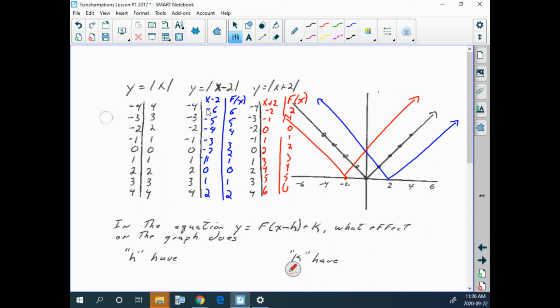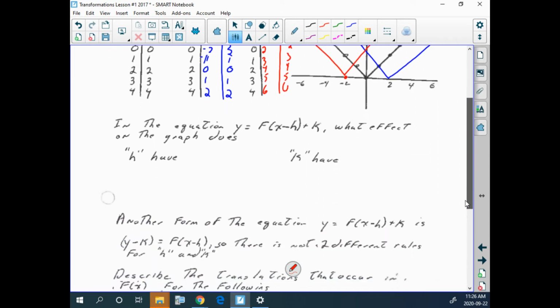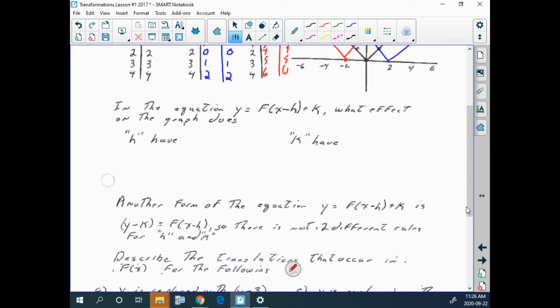So if we take the equation y is equal to f of (x minus h) plus k. Now, the only difference from what you had last year, this is the only equation that you talked about, the vertex form of the parabola. So what does h do?